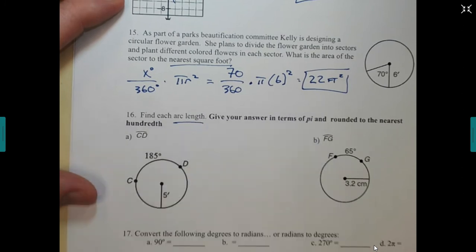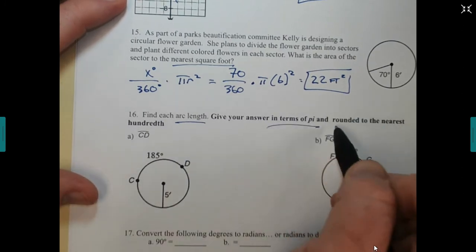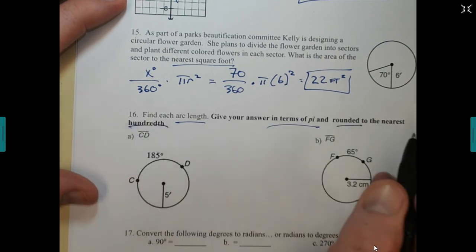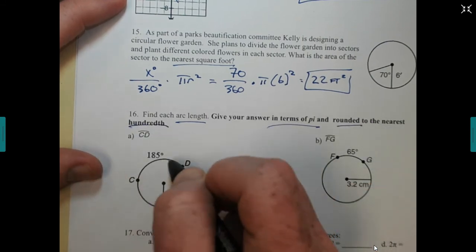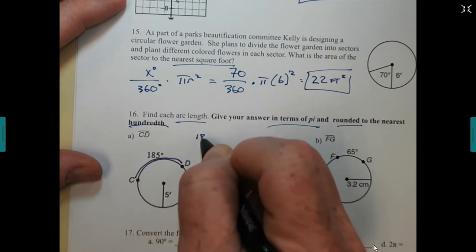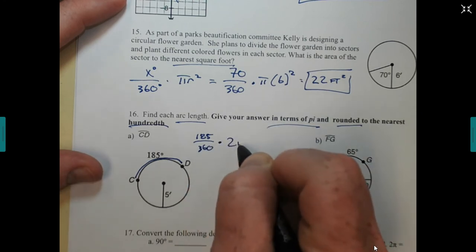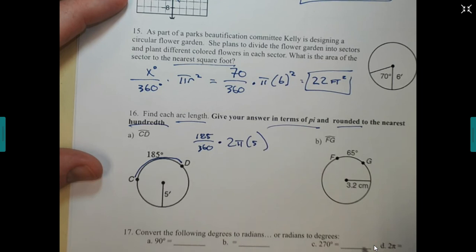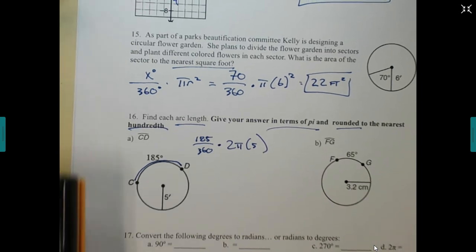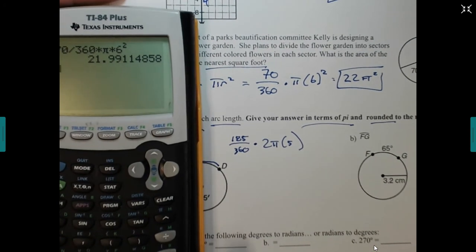This time we're doing arc length. They want our answers in two different ways, in terms of pi and rounded to the nearest hundredth. So they're wanting arc CD, that's from here to here. I want 185 out of the 360 degrees times circumference, 2 times pi times 5. If I did it in terms of pi, I would leave pi out of the game. 185 divided by 360 times 2 times 5.